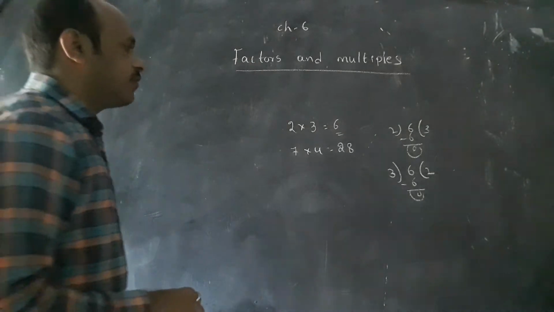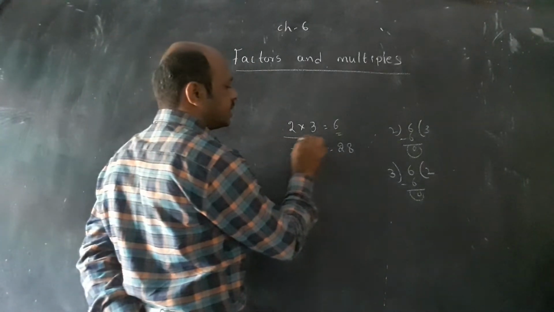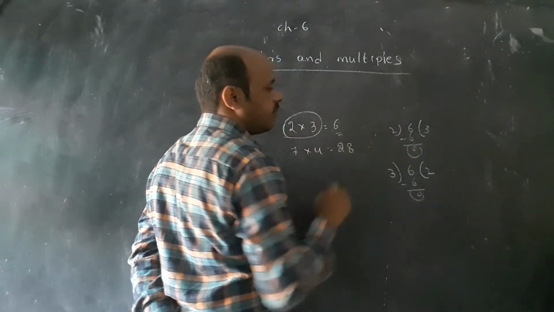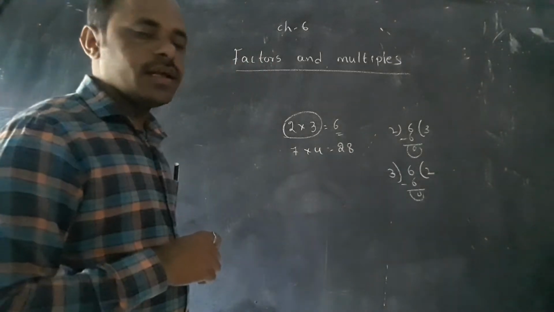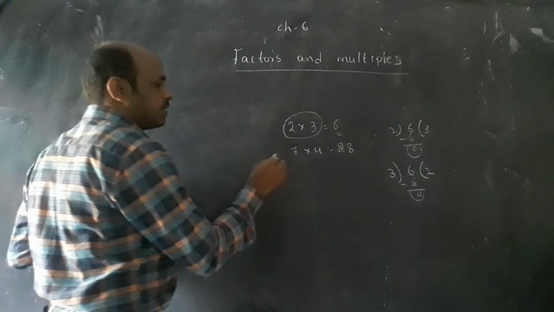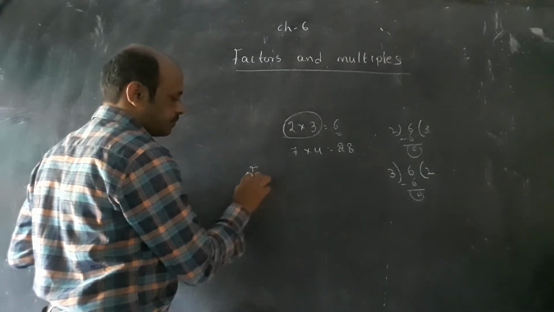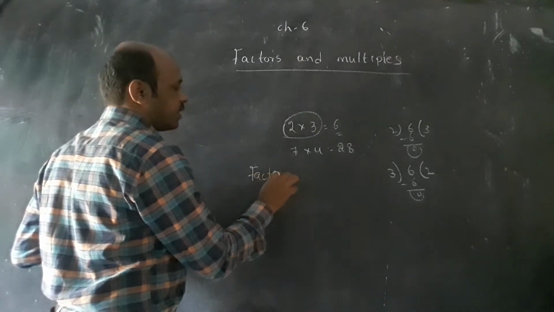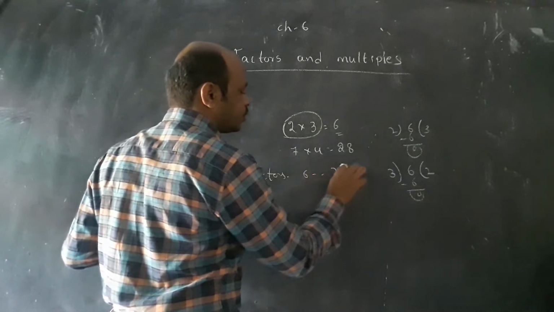Seeing these two, whenever we are dividing 6, we got remainder 0. Means the factors of 6 are 2 comma 3.